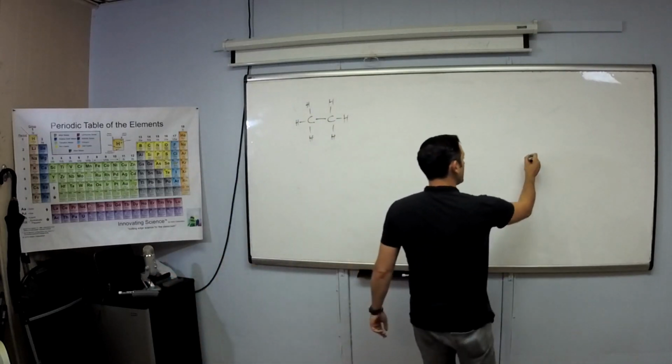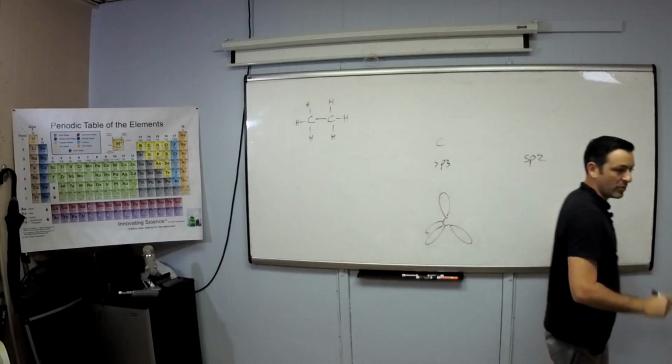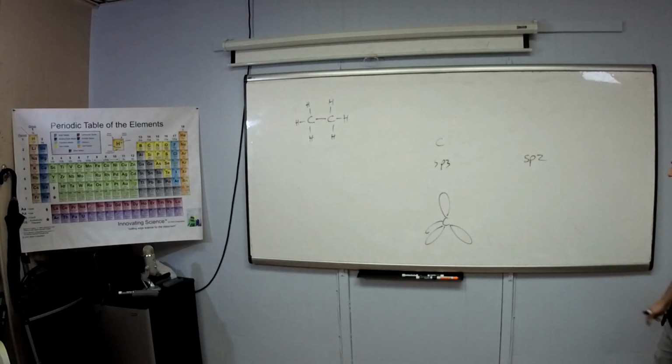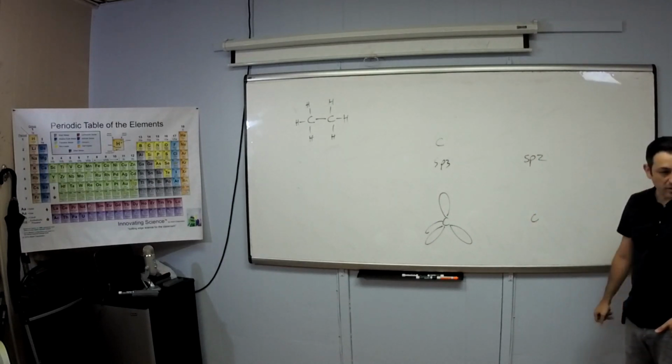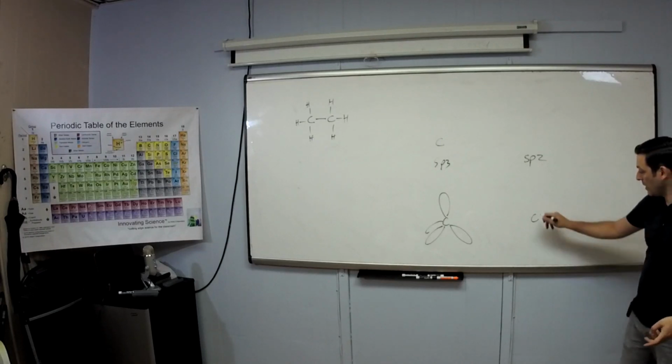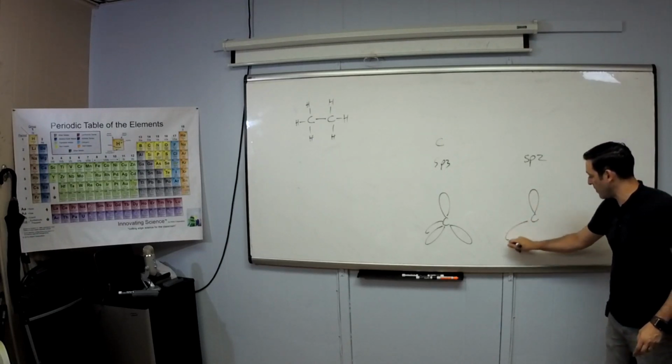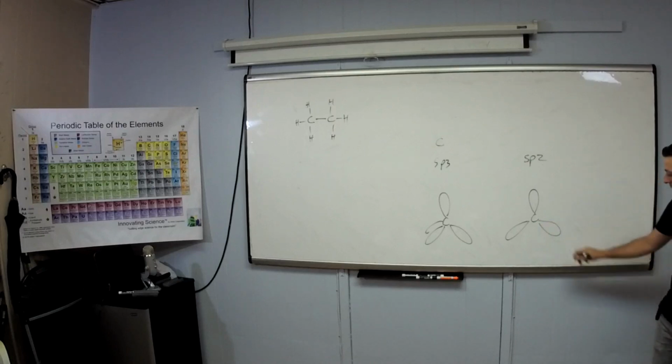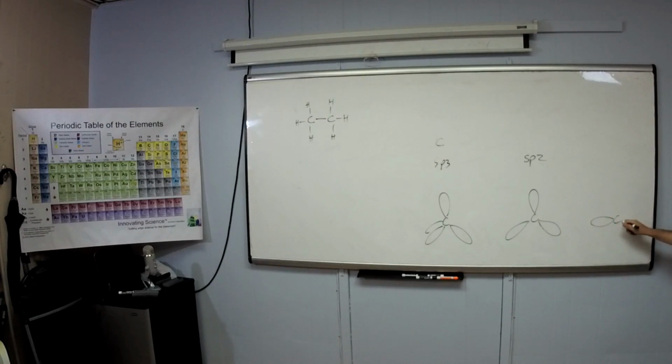A carbon that's sp2, this is very important before I continue on, is going to look like this. It's going to have 3 orbitals that are sp2, trigonal planar to one another. So I could draw them in the plane of the board. You see, I drew them in the plane of the board. Or I could decide to draw them in the plane of the floor.